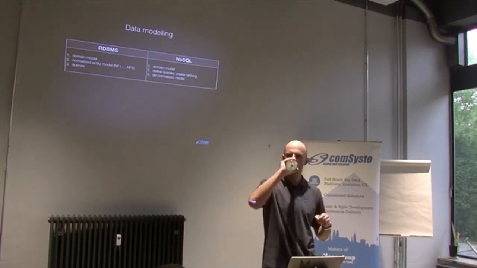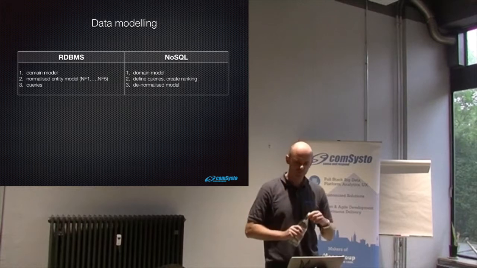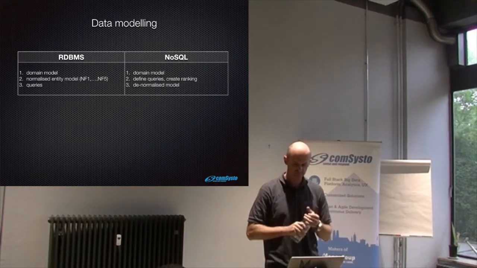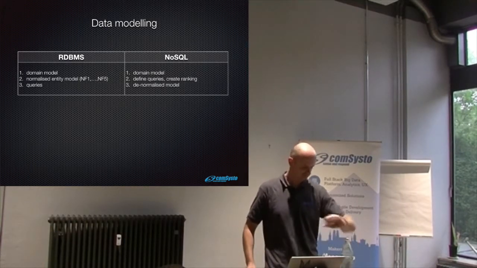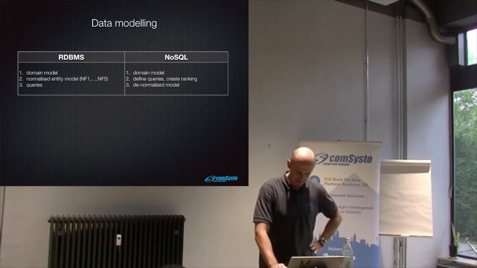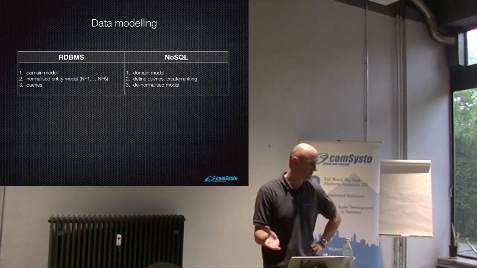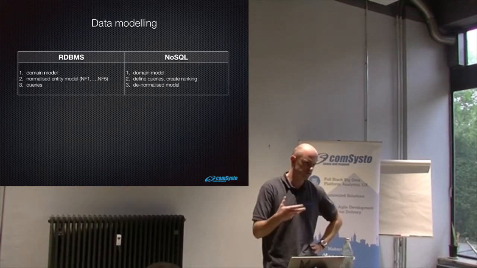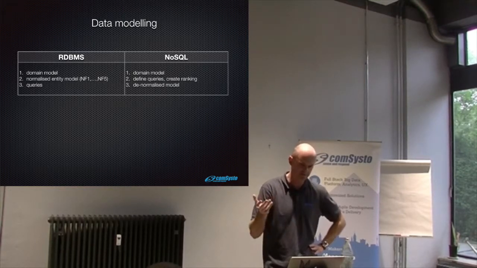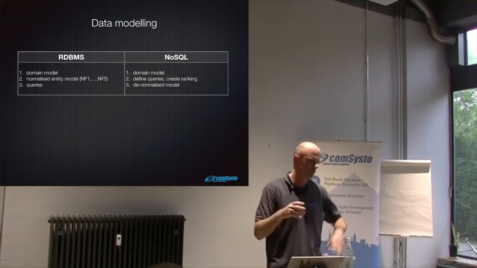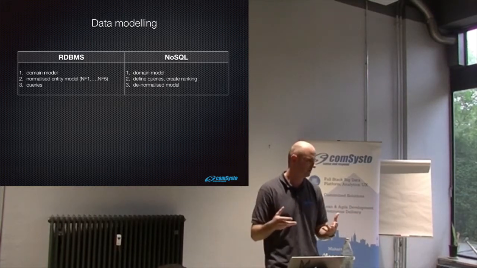Data modeling. Okay, so we know how we do it in a traditional database. First you start with a domain model, which is a high-level UML-like model describing relations in your company, right?